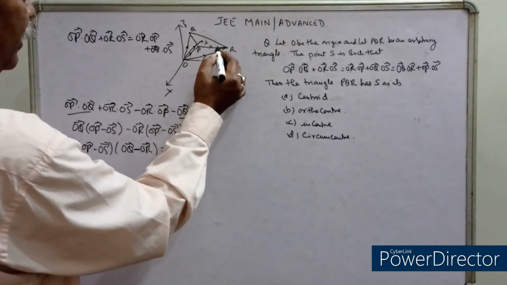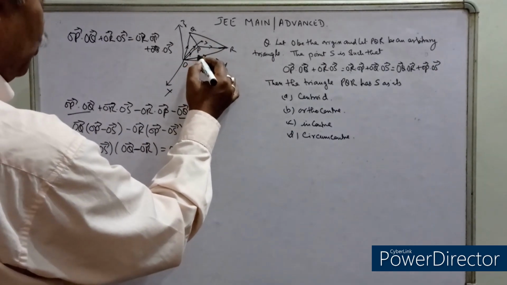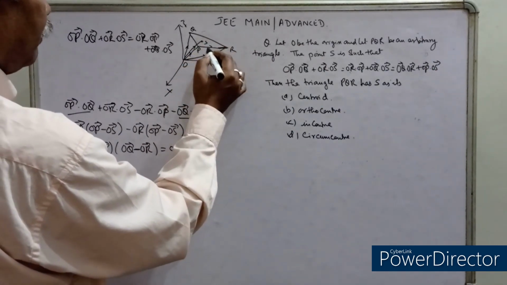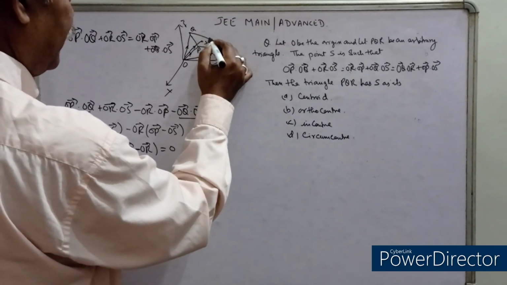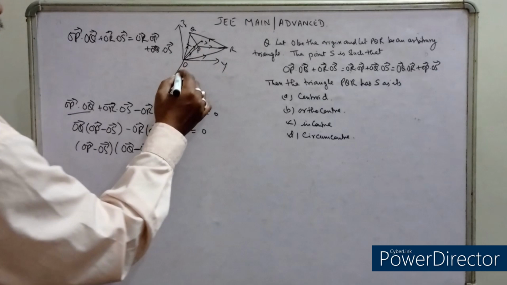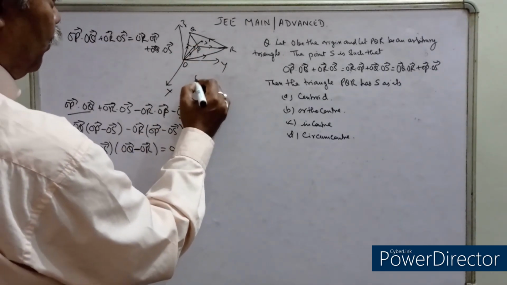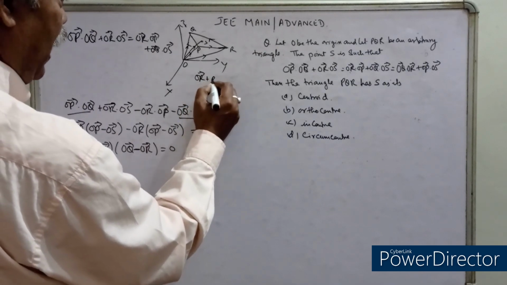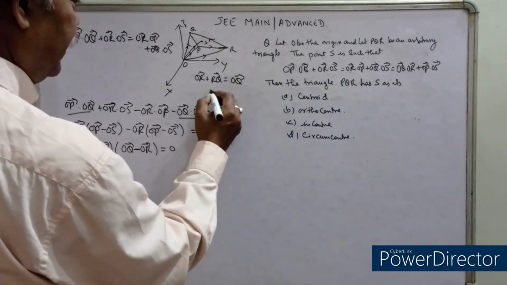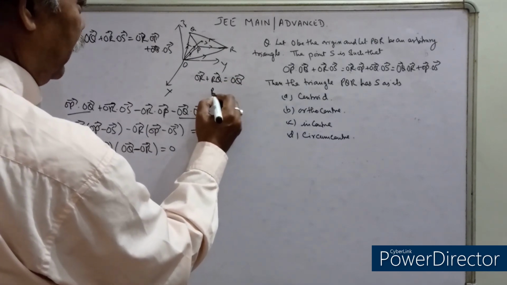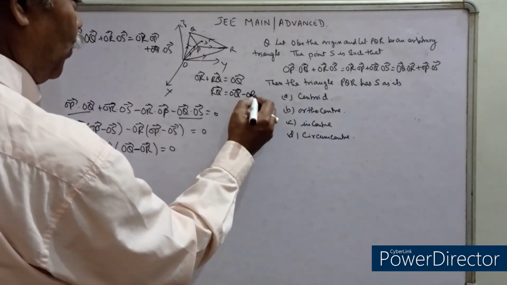If I apply the triangle law to OQ minus OR, what will happen? OR plus RQ is equal to OQ, so RQ vector is equal to OQ vector minus OR vector.